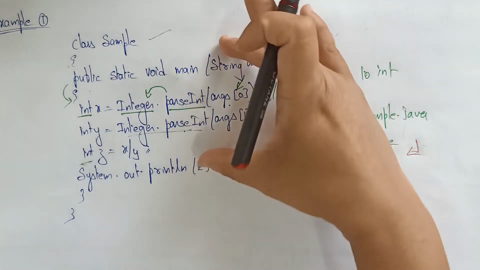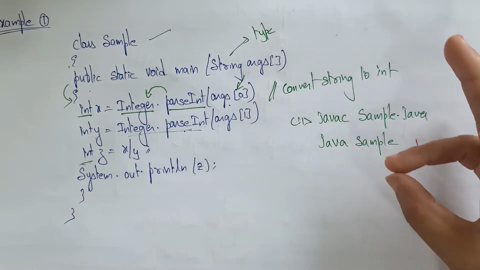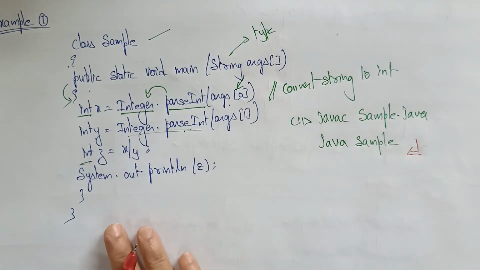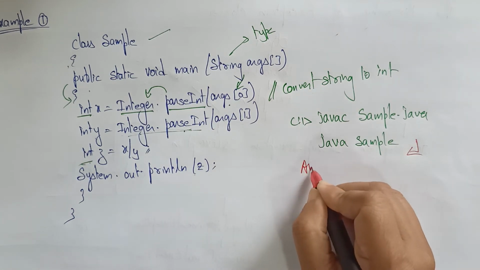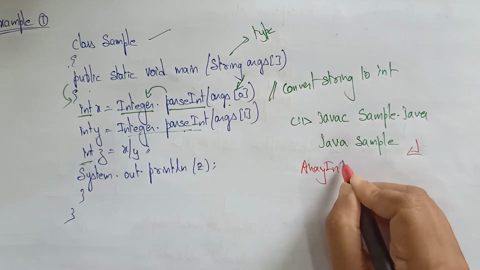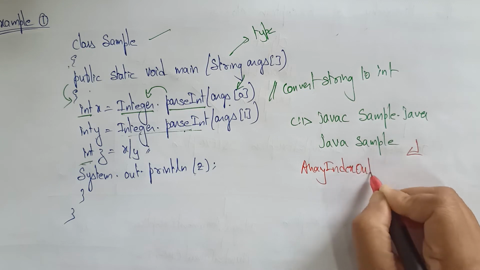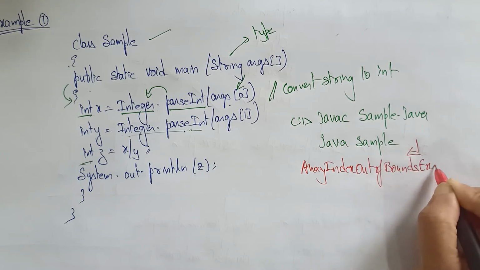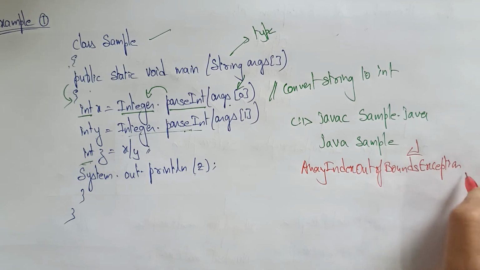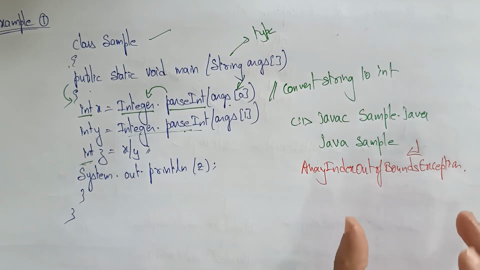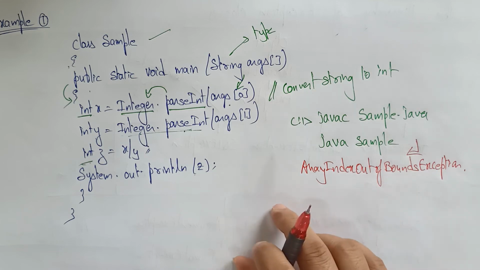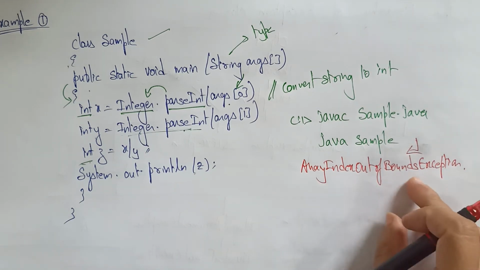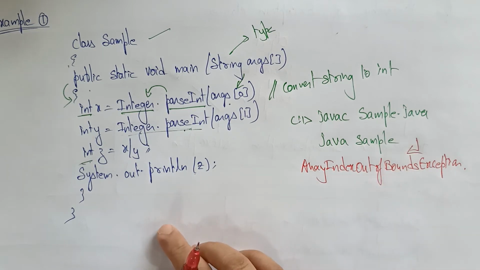If you write this program on the IDE and click on run, what will the answer be? You see, ArrayIndexOutOfBoundsException is raised. The user does not know about this error.